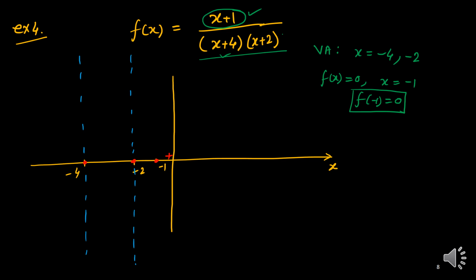Within -1 to -2 it is negative. Then within -2 to -4 it is positive. Then -4 to -infinity it is negative. It's alternating. I hope you have got this sign convention. Take the rightmost point and beyond that right side it will be positive, and then take alternate signs. That's all. Now start with the asymptotes.